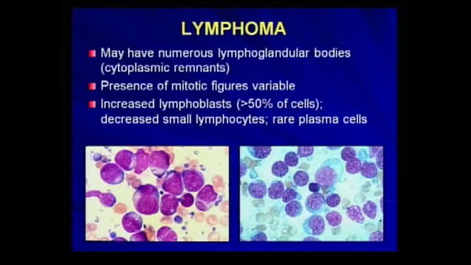One thing we haven't seen in these aspirates are the presence of mitotic figures. Just realize that you can see those in lymphoblast population in reactive nodes as well. So the presence of one or two mitotic figures in a lymph node aspirate should not automatically make you leap toward lymphoma.